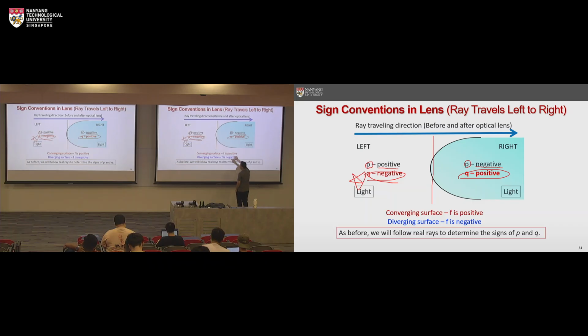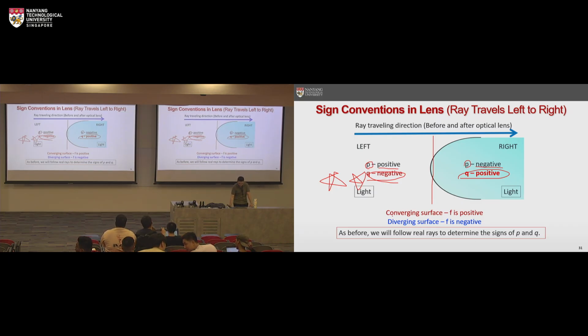Because light can really propagate through the lens to form a real image, we define q as positive when it's on the other side, which means on the same side it will be negative. So this star is very important because this is the only place that is defined differently. All the rest you can consider the definitions to be the same.